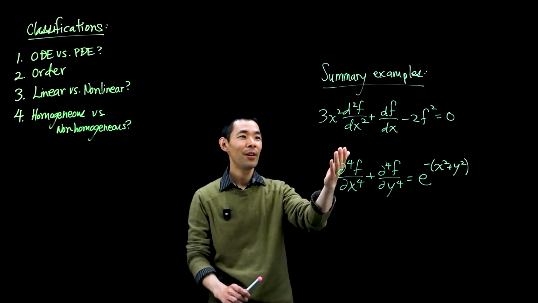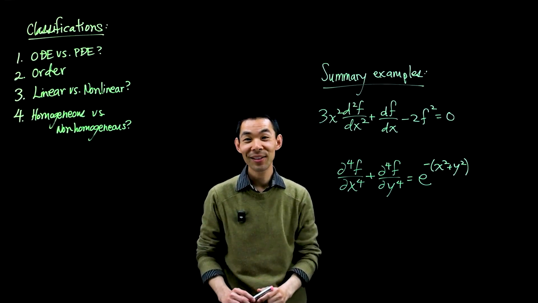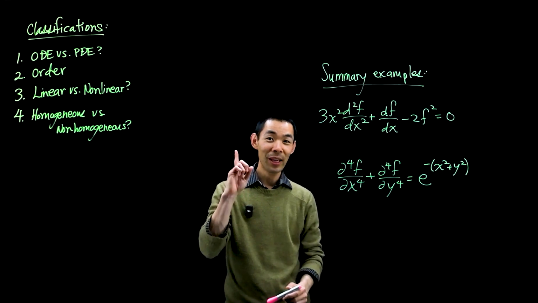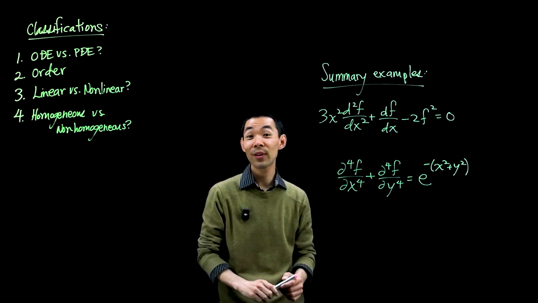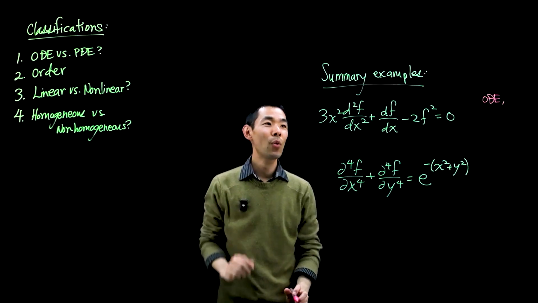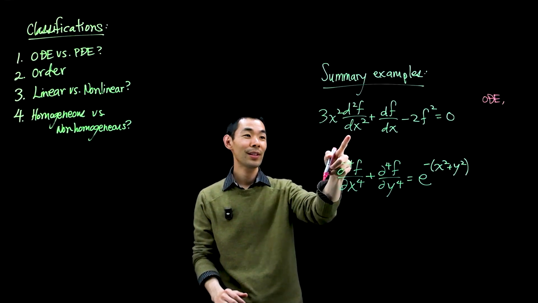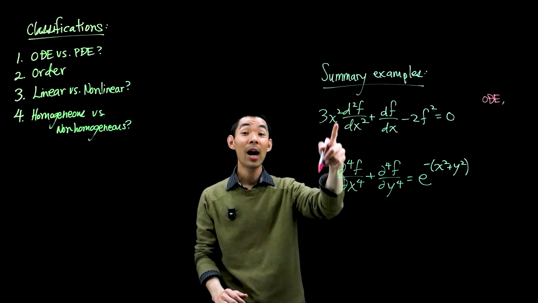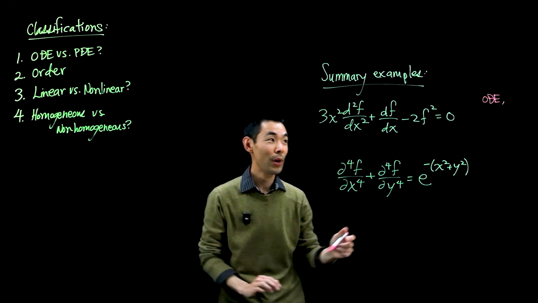Well, we have a normal derivative of f being only a function of x. Therefore, it depends on only a single variable. Derivatives appear with respect to only a single variable. Therefore, it's an ODE. What is the order of the equation? You go to the highest order derivative, which in this case is the first term right here. How many derivatives? There's 2 derivatives, and therefore, it's a second order equation.